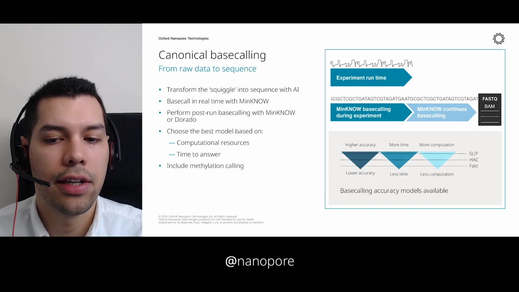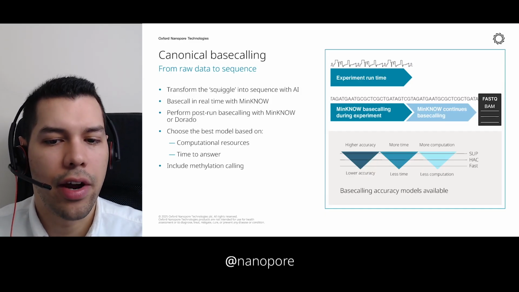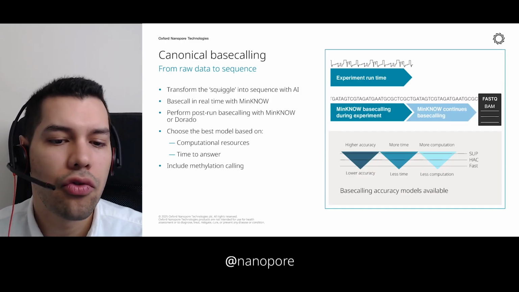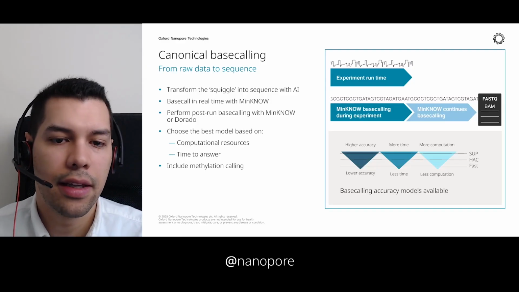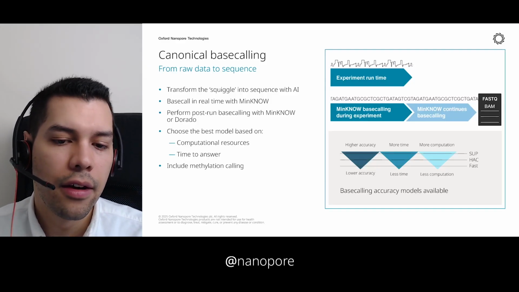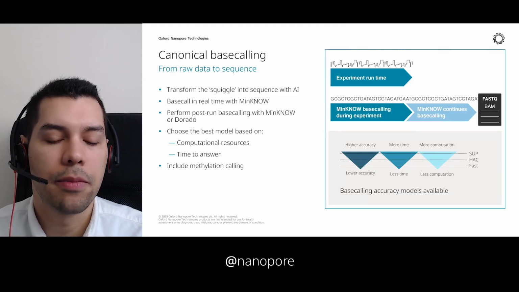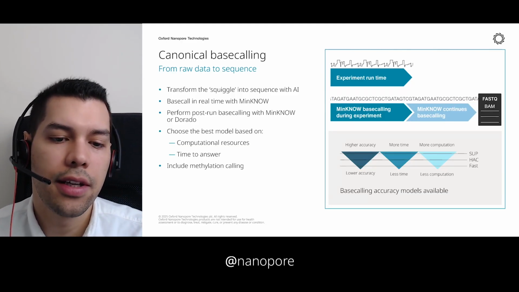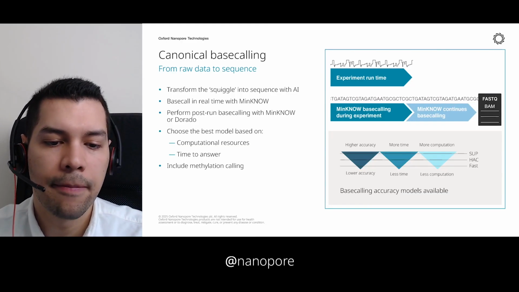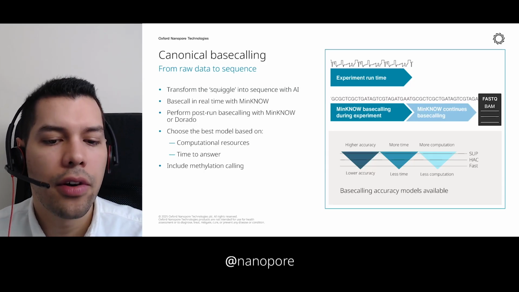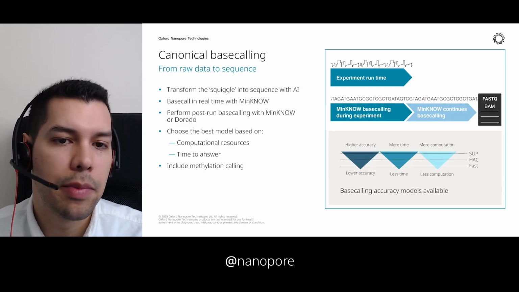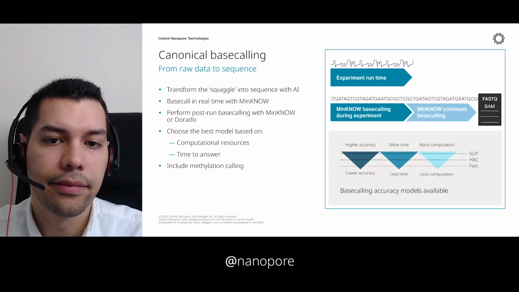The high accuracy or HAC model is a great middle ground between these two options, so it's a really nice balance between speed and accuracy. For base calling, we recommend that you use the most accurate base call model as possible, given your computational setup and your time to answer requirements. In our end-to-end workflows, we will provide guidance on which base calling model to use.